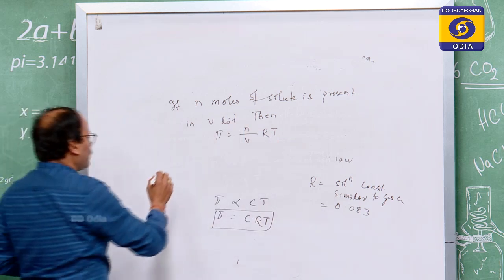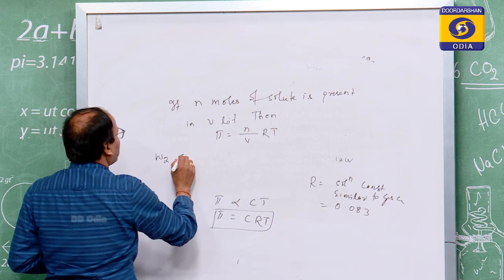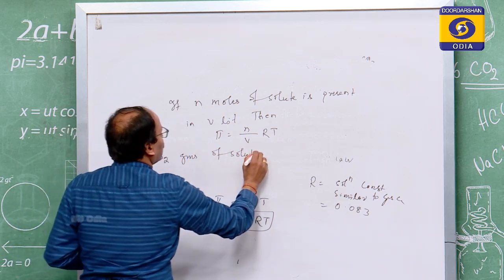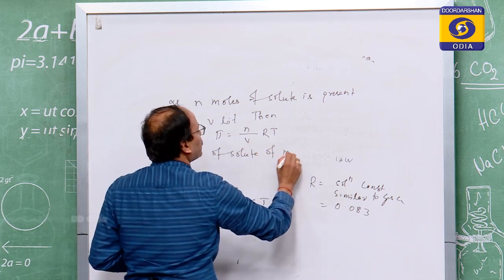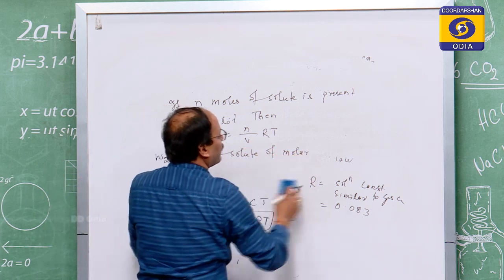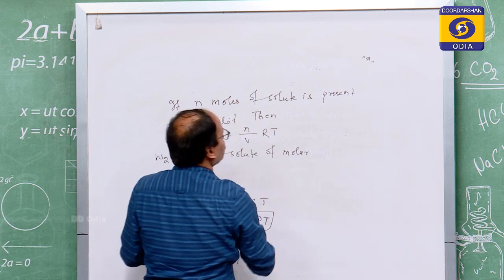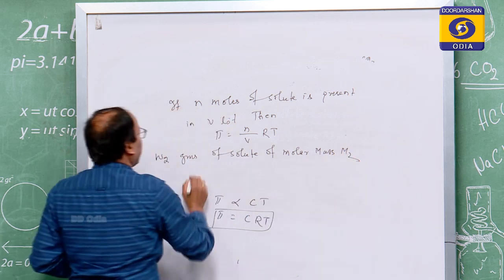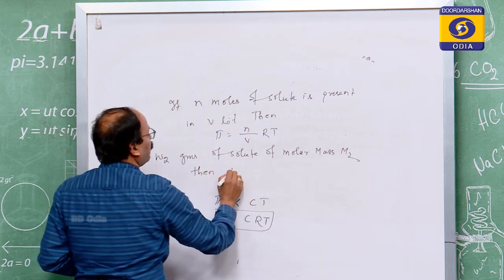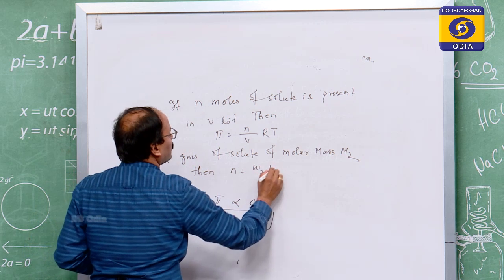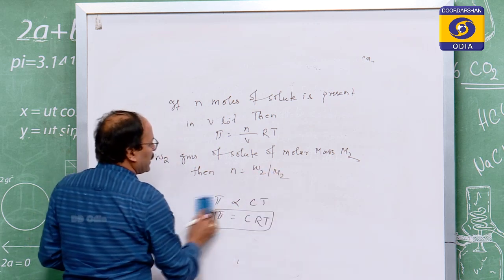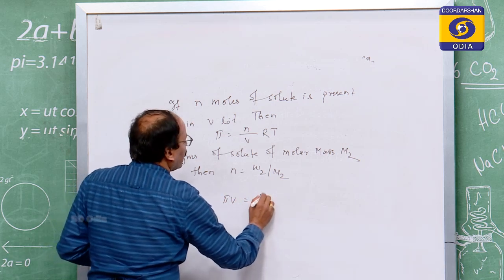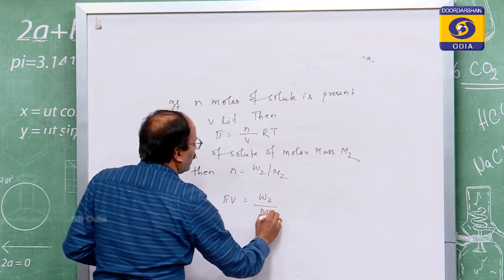If W2 grams of solute of molar mass M2, then n will be equal to W2 by M2, and the equation changes to pi V will be equal to W2 by M2 into RT.